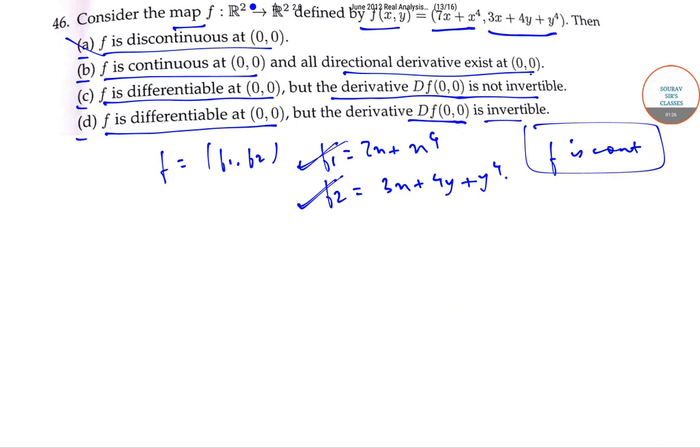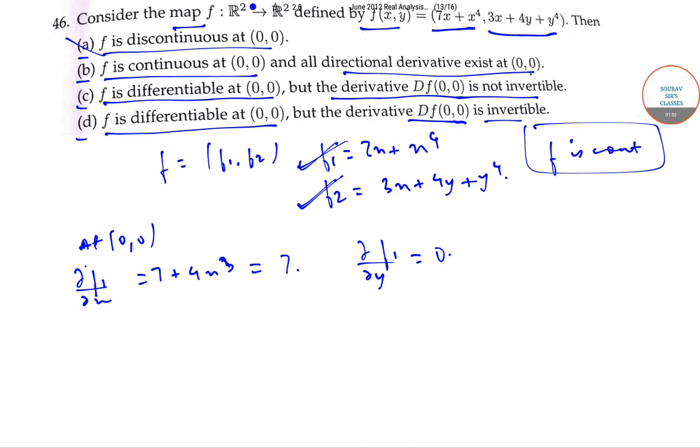Now the partial derivatives at (0, 0) are: del f1 / del x = 7 + 4x^3, which is equal to 7. Del f1 / del y = 0.